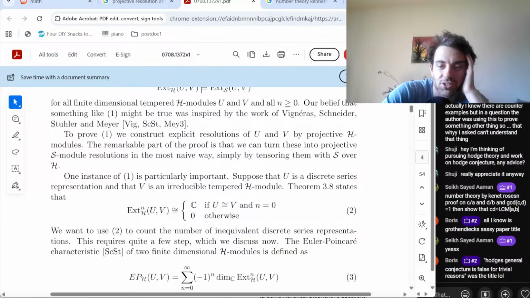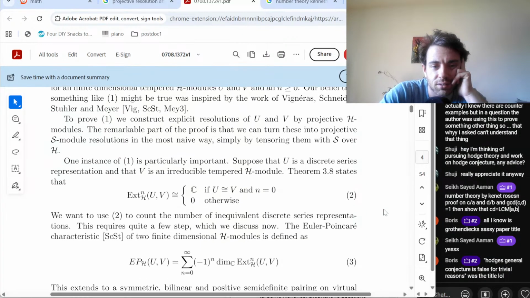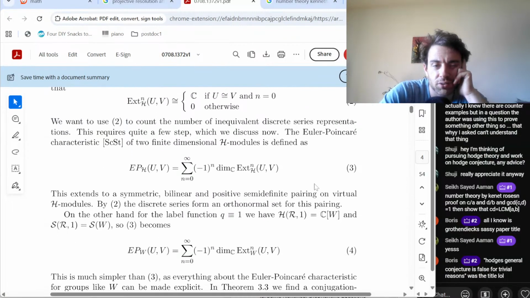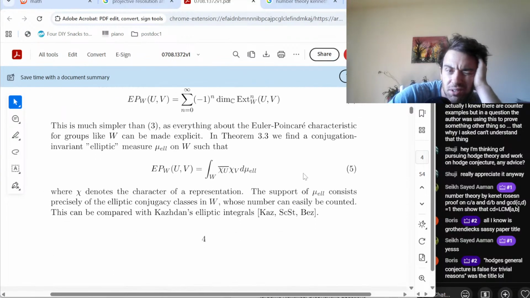Yeah, Hodge's general conjecture is false for trivial reasons. That's fantastic. Oh, right, I forgot the Euler-Poincaré pairing. I don't know if I tried exploiting that in my difficulties of establishing some Ext groups just yet. Dimensions of certain Ext groups. Yeah, I don't think that's going to get me anything more than what I've already done.